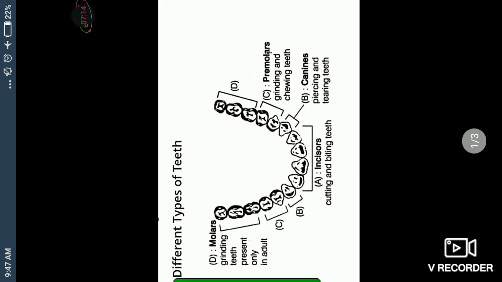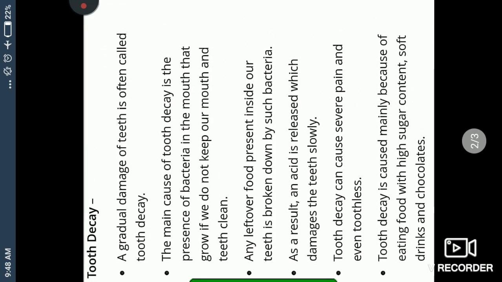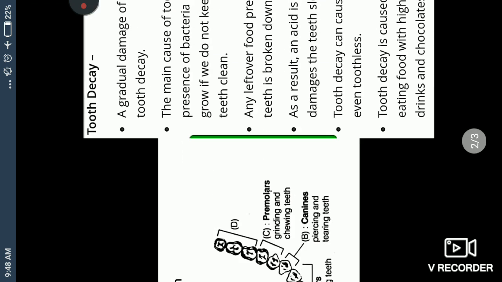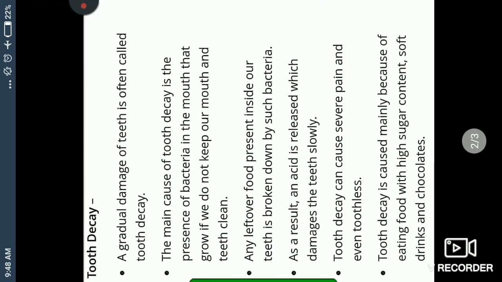So your homework. Question number one: how many kinds of teeth? Write their work also. Second, total number of teeth in an adult. Third, what is tooth decay?